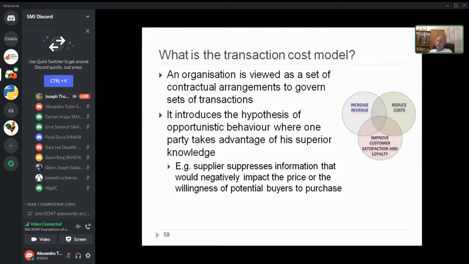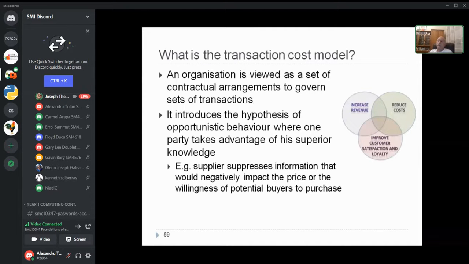Now, with the transaction cost model, we have the hypothesis of opportunistic behavior. This happens because one side of the transaction has more knowledge than the other side, the other person or the other company in the transaction.